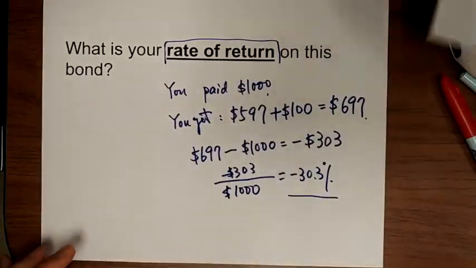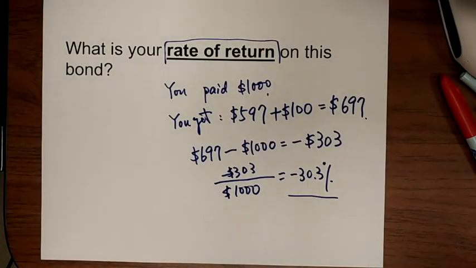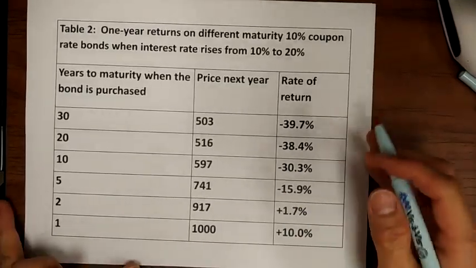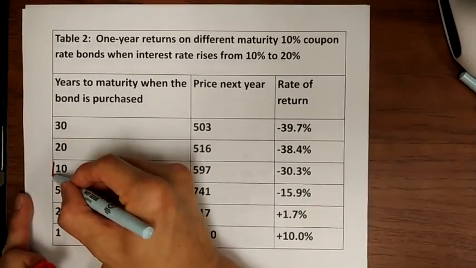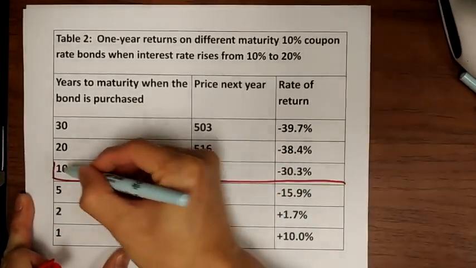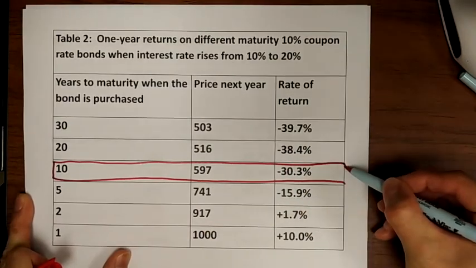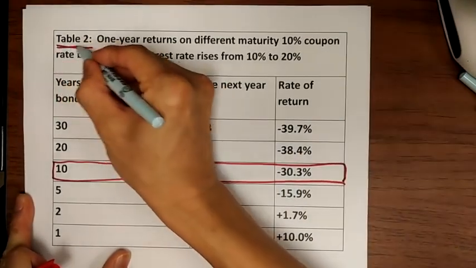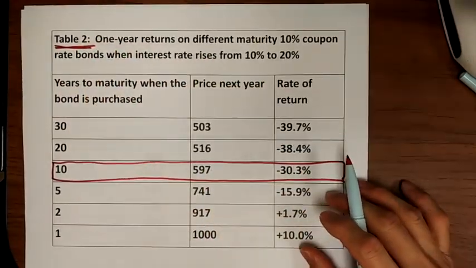You lose 30.3%. This is actually one of the examples on table 2 of your textbook.